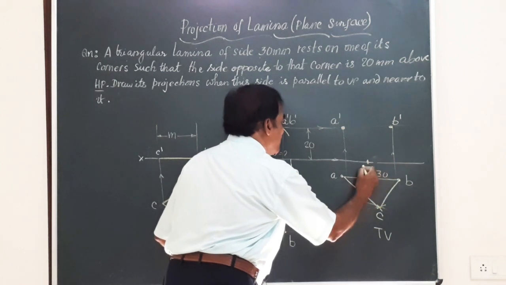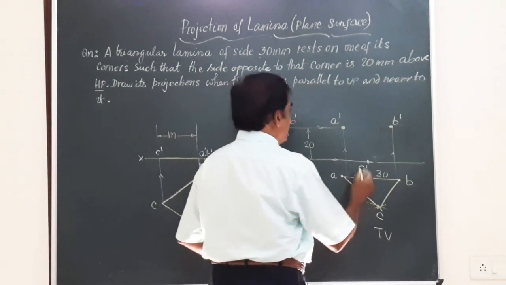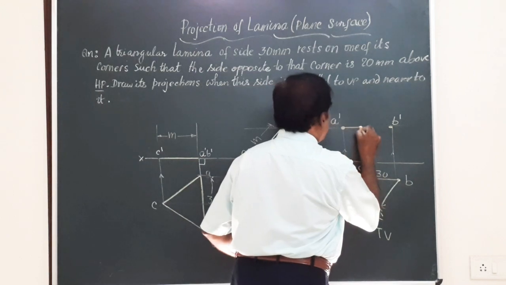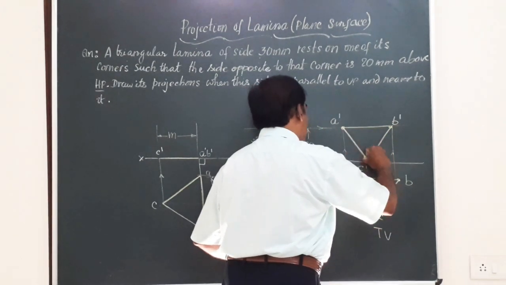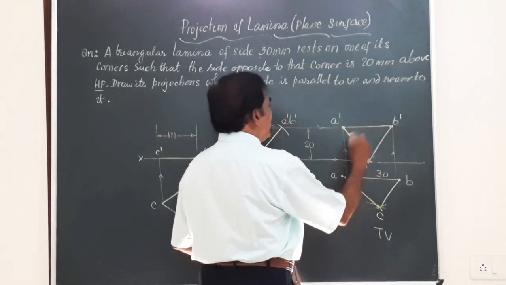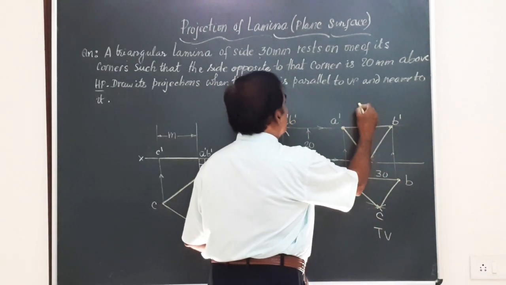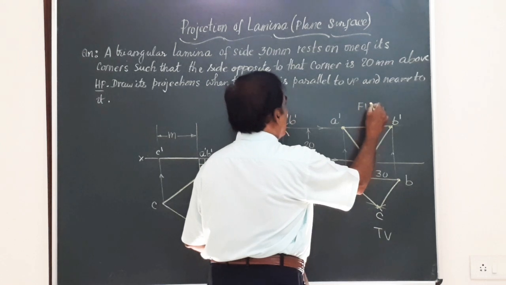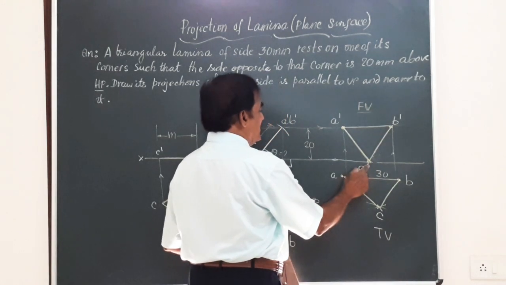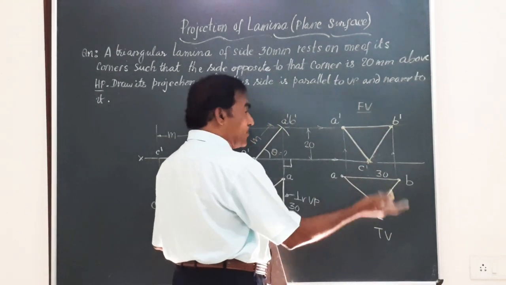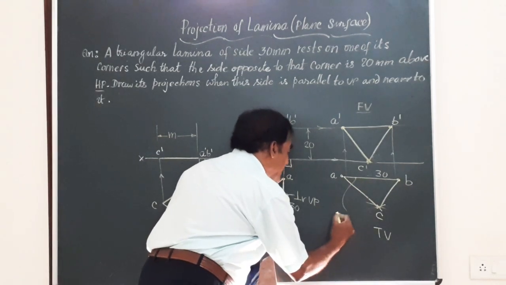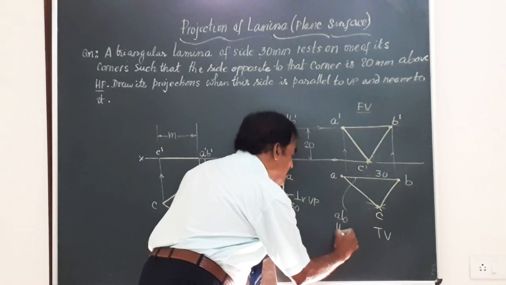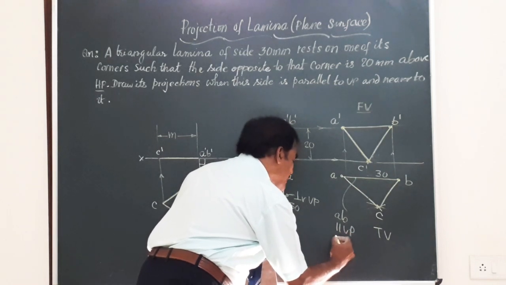Friends, join the points so obtained by straight lines, that is, I am going to join A dash to B dash, B dash to C dash, C dash to A dash. This figure A dash, B dash, C dash will give you the front view of the lamina which is resting on the corner C, and this will give you the top view of the lamina wherein the side AB is parallel to VP and nearer to it.